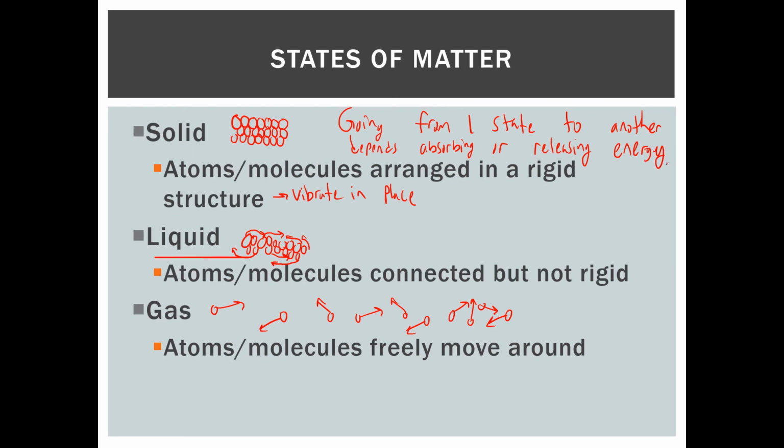Okay, so for example, if I want to go from a solid to a liquid, I need to absorb heat or absorb energy. But going from a liquid to a solid is the opposite. This is a release of energy. I know it's kind of strange to think that getting colder is a release of energy, but it is true. So going from one state of matter to another, you either have to absorb or release energy.